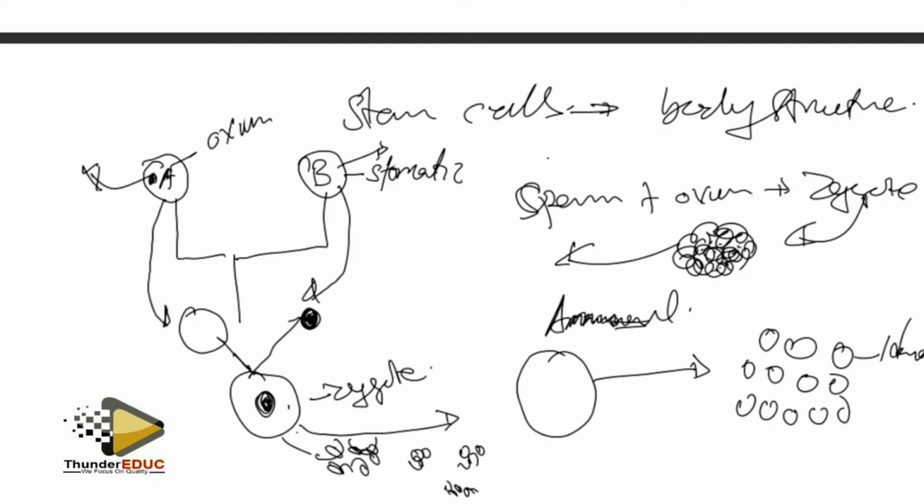Now a question: will these babies look like B or will they look like A? They will look like B. Why? Because I used the nucleus of B. I didn't use the nucleus of A. Why did I use the casing of B?